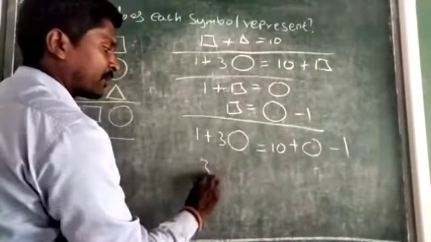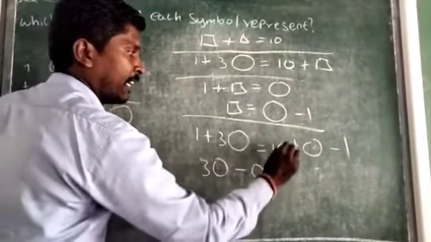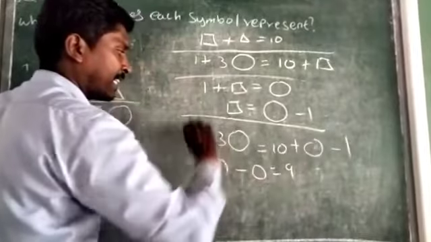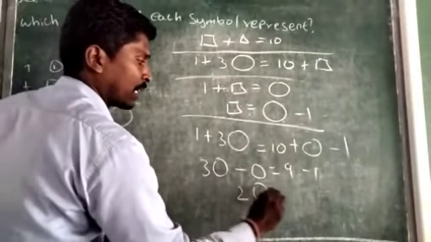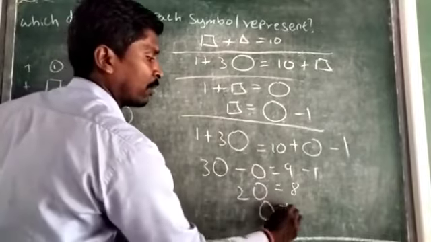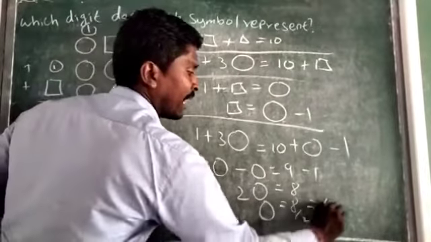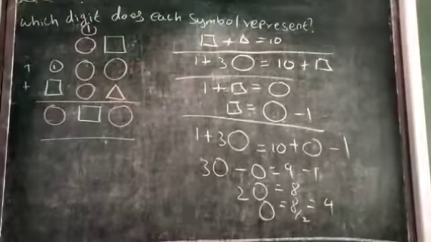When circle comes this side, 3 circle minus circle, and 10 minus 1 is 9. Again the 1 becomes minus 1, so it becomes 8. So 2 circle equals 8, then circle equals 8 by 2, the value becomes 4. The circle value is 4.